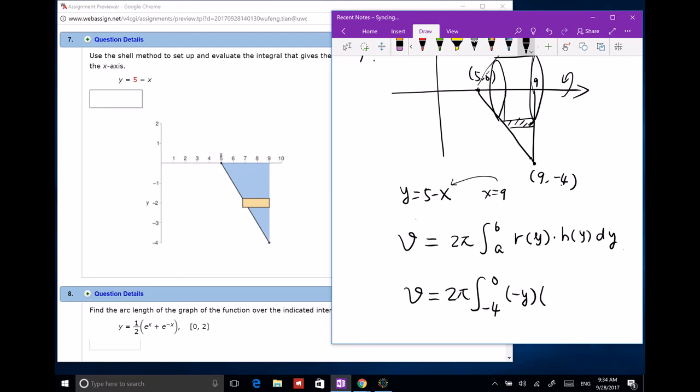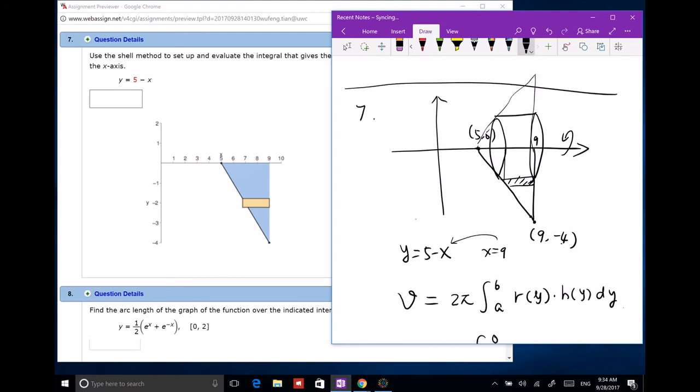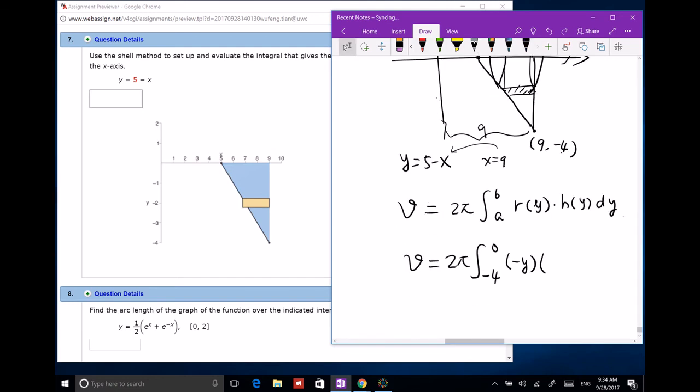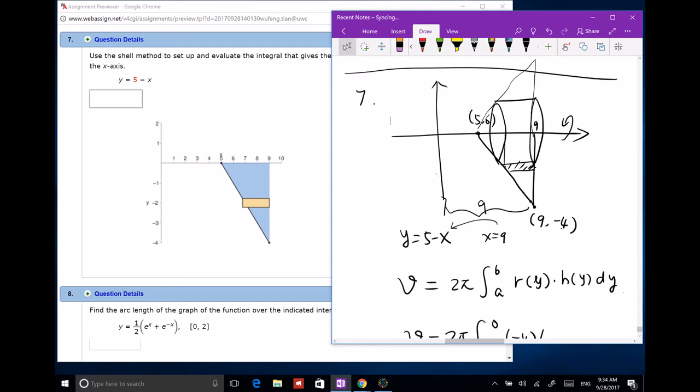Solve for x, and I have to subtract, because the height from here to here is 9. The whole thing is 9. Let me give you an example. The whole red part is 9. We are looking for this part, the green part here.